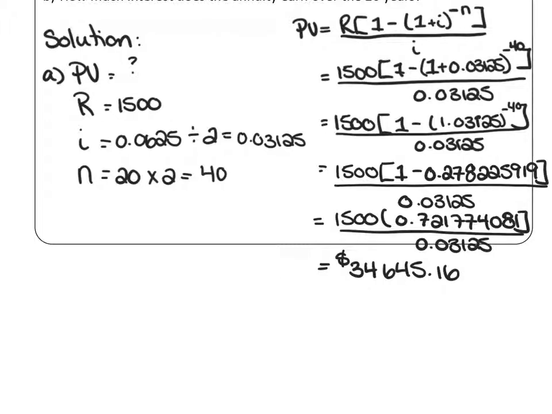So that means that if he wants to take out $1,500 every 6 months over 20 years, he's got to have at least $34,645.16 saved or put into that account so that he can do that. Let's go to the next page and I'll show you how we find R.